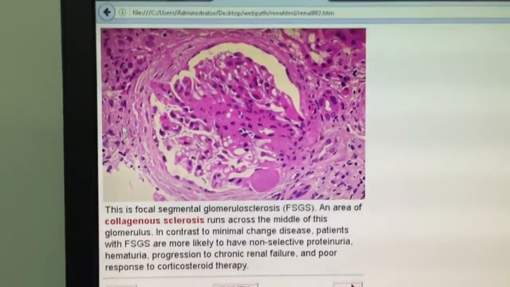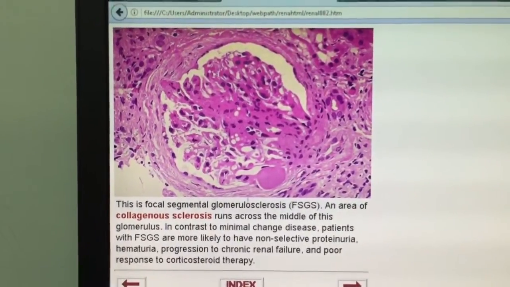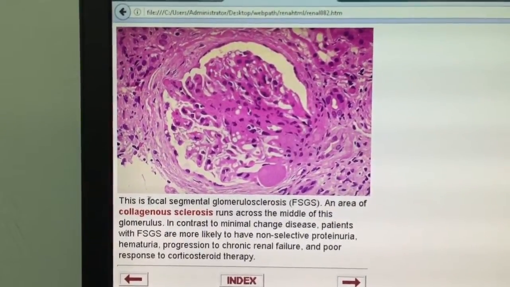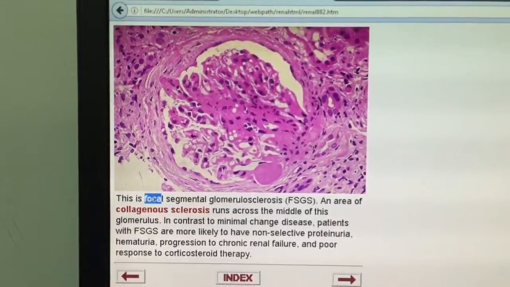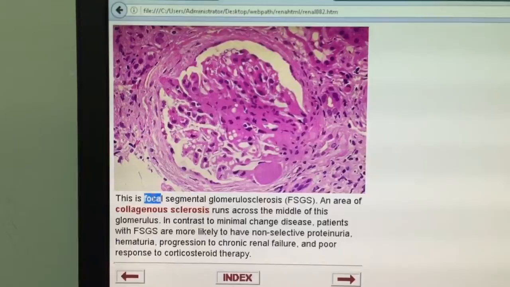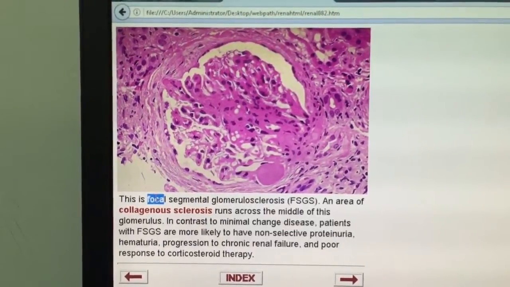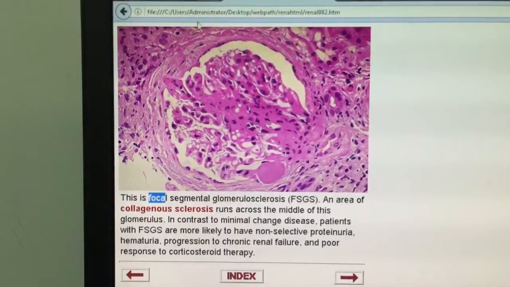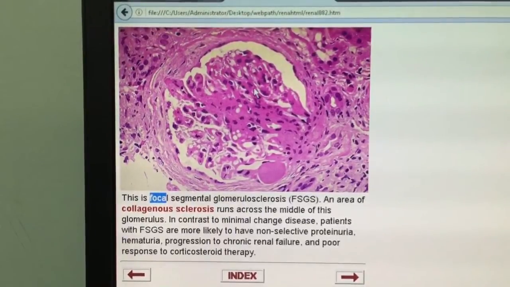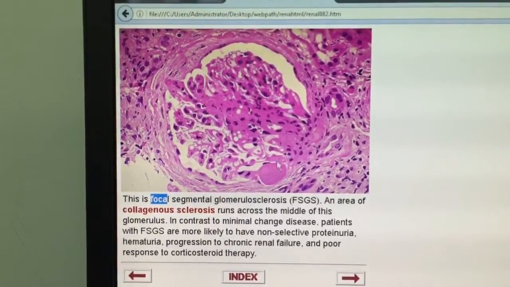Another example of nephrotic is focal segmental glomerulosclerosis. What do we mean by focal? Focal means less than 50% of the glomeruli that you examine in the biopsy are affected by the disease. And segmental means that within each glomerulus, for example this one, less than 50% is affected by a lesion.